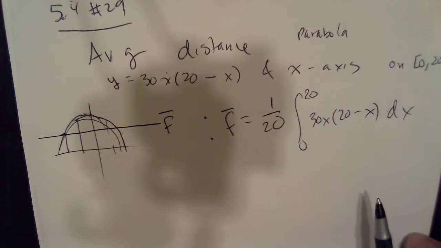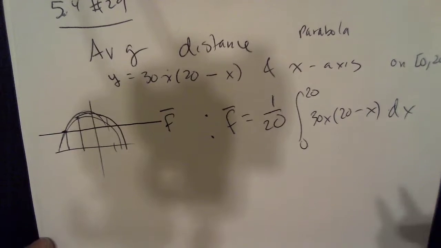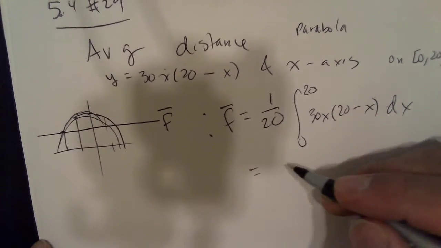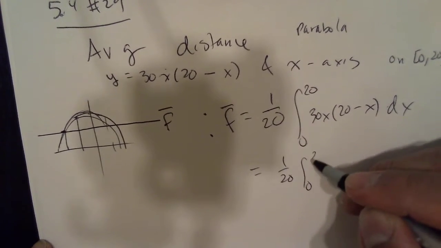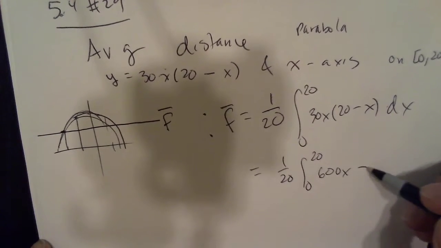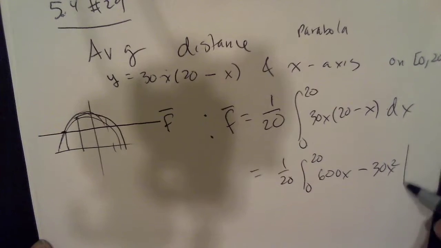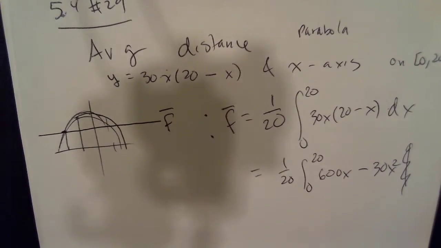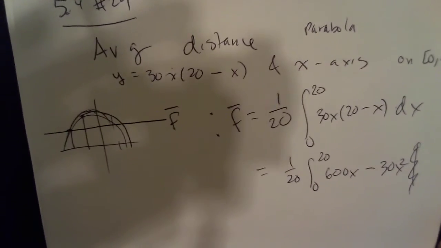Right, so again, to evaluate this integral, we distribute, and we'll get 600x minus 30x squared. And then we can go ahead and use the power rule there.